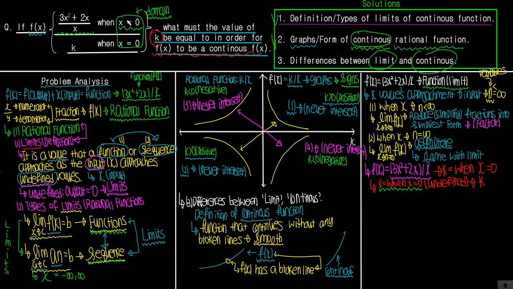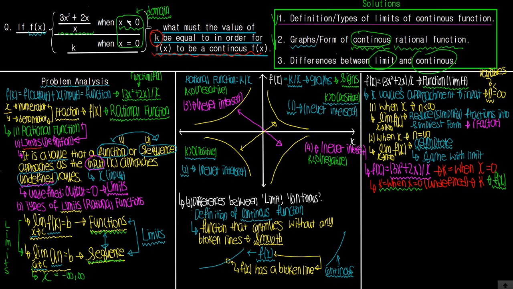What the k value should be for f of x, if you want to make f of x into a continuous function without that broken line. And obviously, this question is not about the asymptote, because if it was, they must give us the exact value.